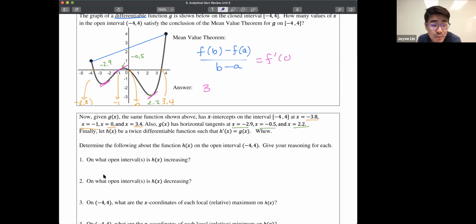So Alita came in and said whenever g is positive, right? Well, positive is when the graph is above the x-axis. When is the graph above the x-axis? Well, from -4 to -3.8. We cannot include -3.8, right?